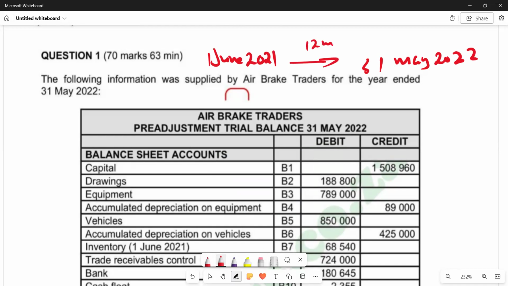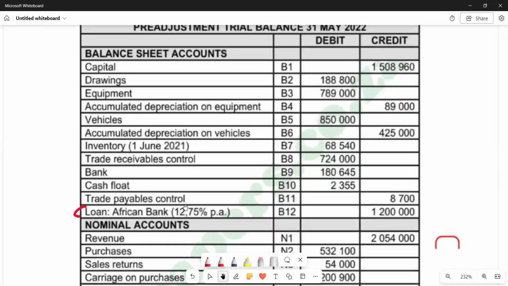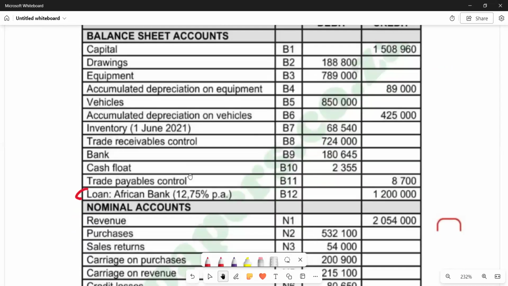After identifying where our year is starting and where it's ending, we go to additional information to see if there's anything explaining our interest on loan. If our additional information is quiet, it means we are simply going to say 4.75% times 1,200,000, and the answer becomes the interest on loan for the period.